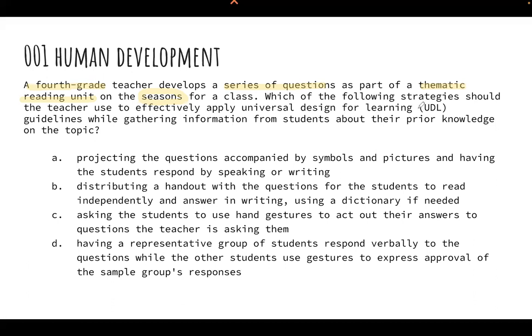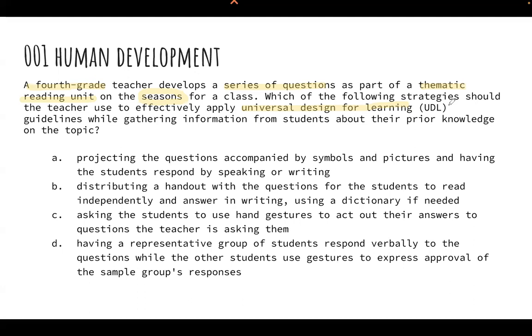And the question is asking us what strategy we should use to implement universal design for learning. Universal design for learning means for all. Universal is for everyone. And the goal of Domain 1 is planning instruction and assessment that is effective for all students. Universal design for learning happens to be my favorite lesson plan design.